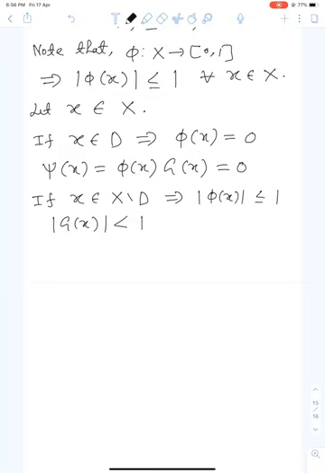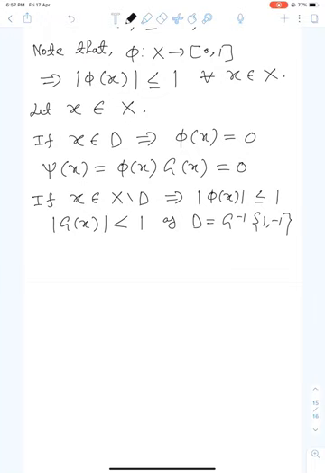Why is mod of g(x) strictly less than 1? Because my D is the set g inverse of {1, -1}. That means, see, what is the image of g? The image of the continuous function g is the closed interval [-1, 1], right? But what is my D? D is just g inverse of {1, -1}. That means if x is not in D, then the image of x cannot be 1 or -1.